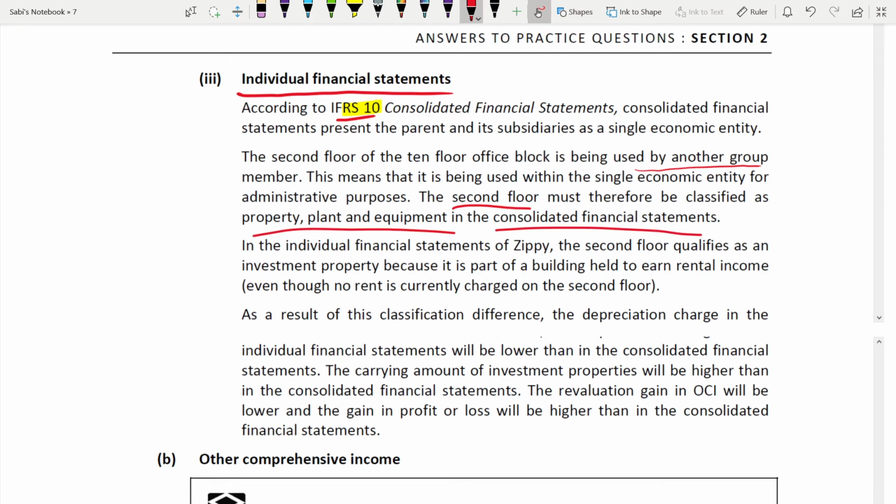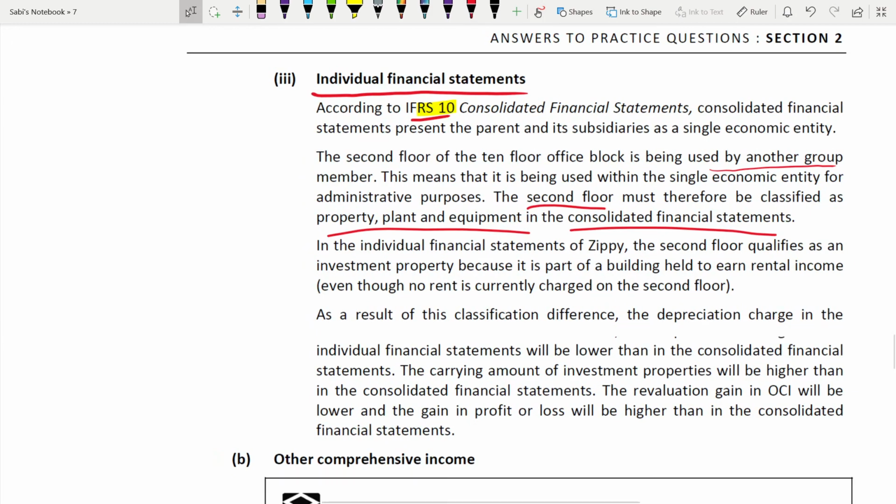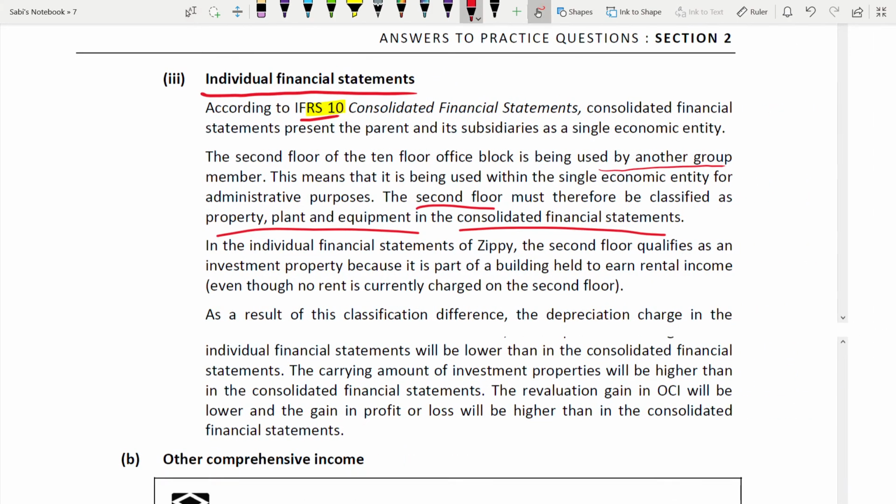Not in the individual financial statements. You have to write the place. Second, in the individual financial statements of Zippy, Zippy is the parent, the second floor qualifies as an investment property. You see, in the individual, it is investment property because it is a part of a building held to earn rental income.